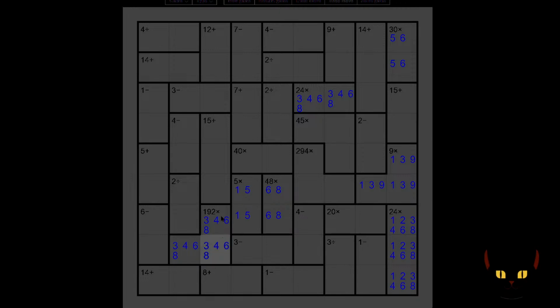Yeah, and actually you could do that because you could do 8 on the diagonal. 3 there. If we divide it by 4, we get 48, which is 6 times 8, so 4 and 6 and 8 also works.